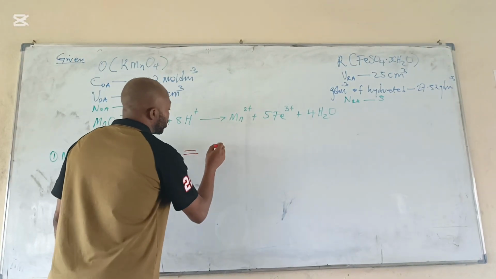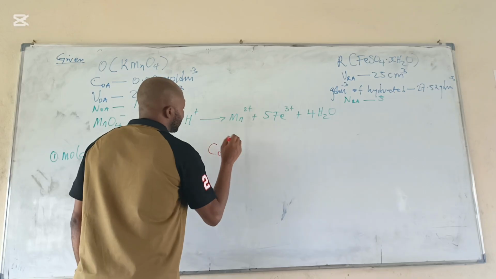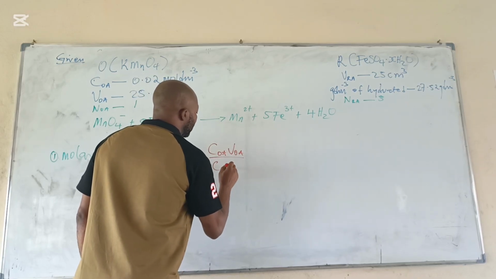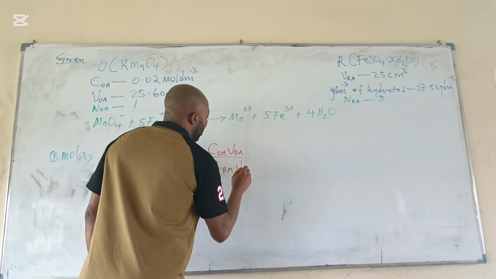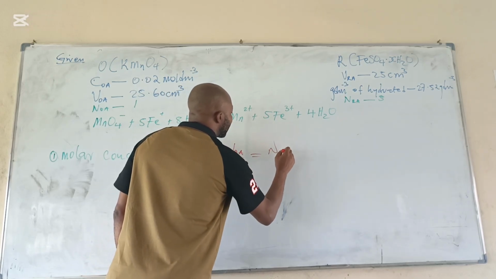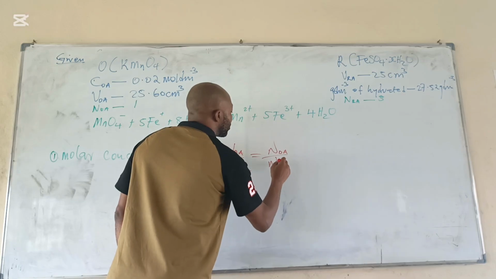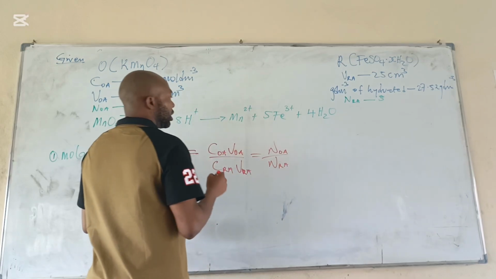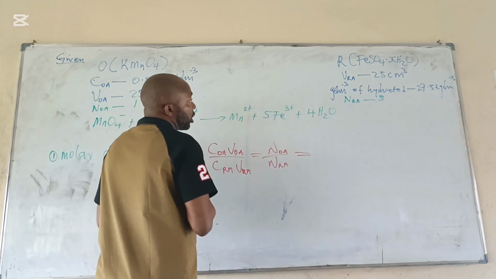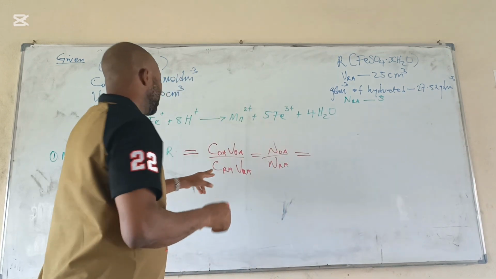This is what we get. Concentration of oxidizing agent times volume of oxidizing agent over concentration of reducing agent times volume of reducing agent is equal to number of moles of oxidizing agent over number of moles of reducing agent. Now, let me proceed. We're looking for the CRA, which is this.